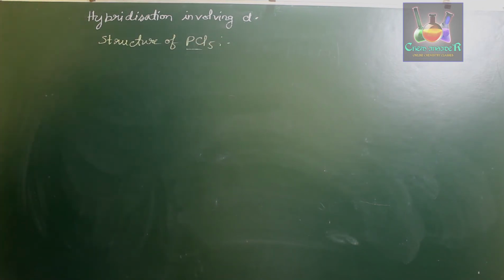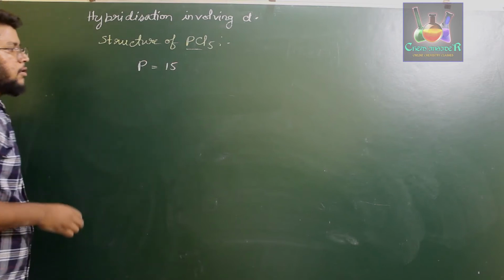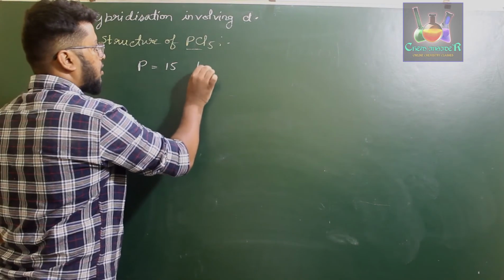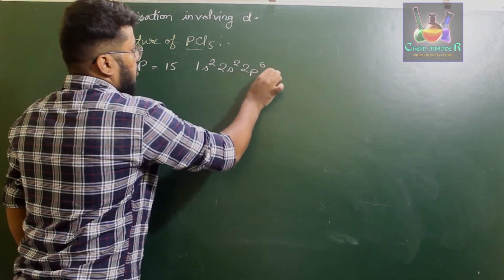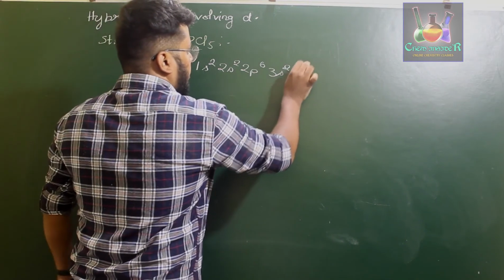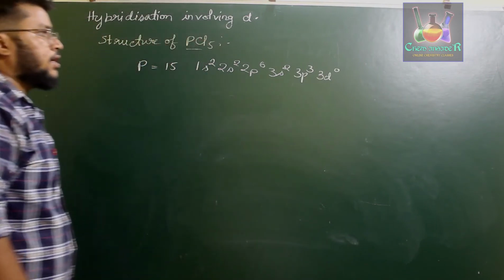The phosphorus in PCl5 has atomic number 15. If you write down the electronic configuration, it has 1s2, 2s2, 2p6, 3s2 and 3p3 along with 3d0.